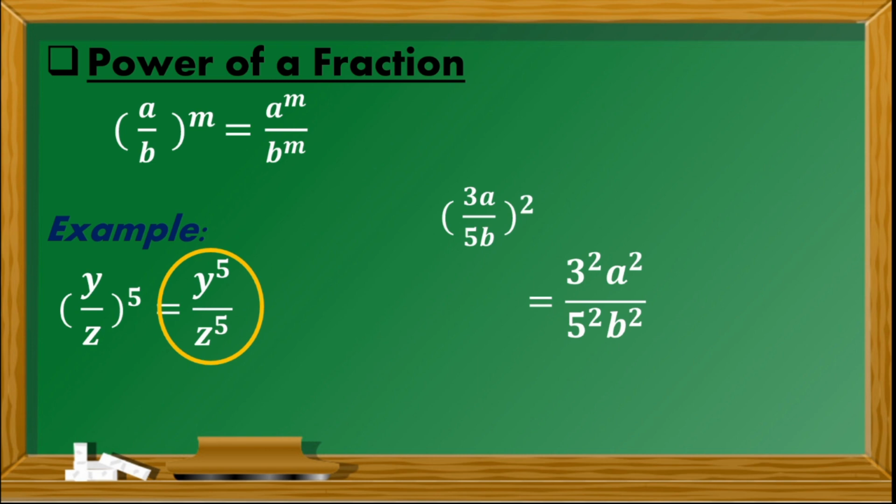Kaya siya magiging 9. And then, a raised to 2. Next is the denominator. 5 raised to 2 equals 25. 5 times 5 or dalawang beses daw si 5 i-multiply. Kaya siya ay naging 25. Kaya ang ating final answer is 9a raised to 2 over 25b raised to 2.